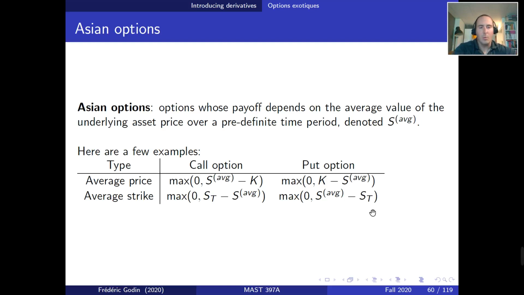Okay, so maybe one detail, I'm not sure if I talked about it, but again, for options, the settlement can be either physical or financial. So if you have a physical settlement, let's say you have a call option, then you would pay the strike and receive the underlying asset.